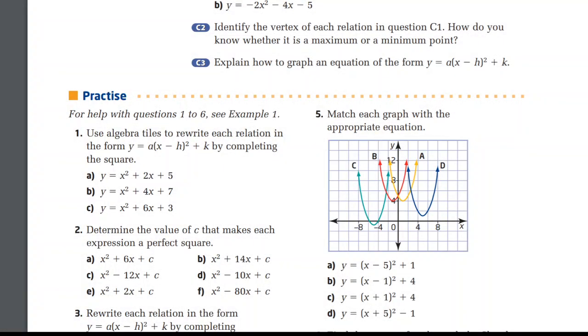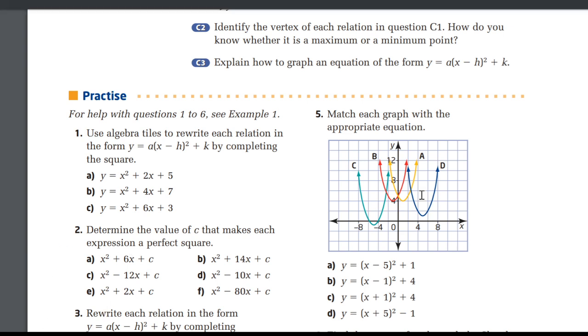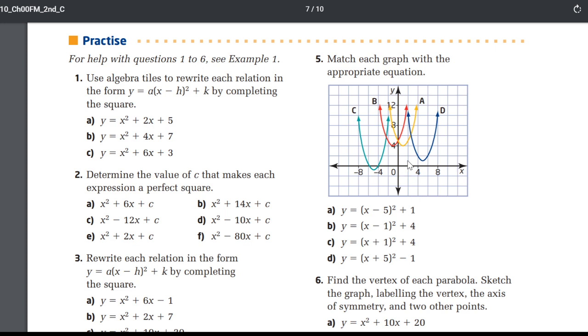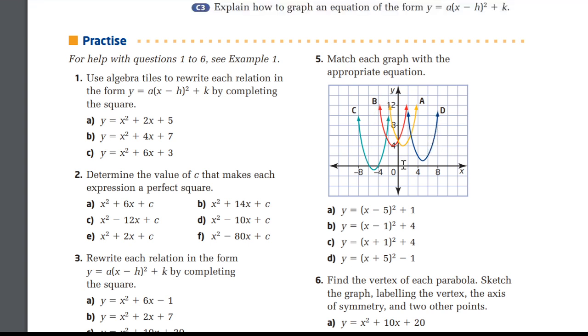And if we look at number 5, that asks us to match each graph with the appropriate equation. And so as we look at the various graphs, again, the key value here that we're working with is the vertex of the parabola. So the idea here is to be able to find the vertex given any form of the equation that we have.